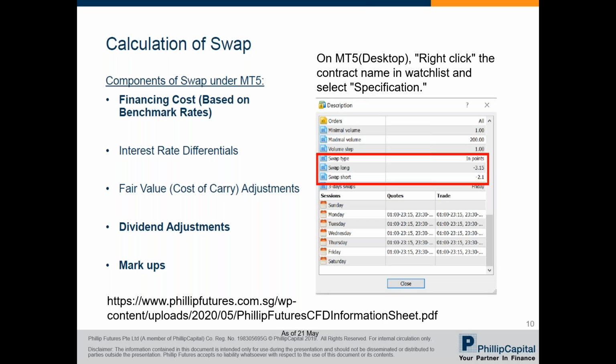The value shown here divided by 10 is the one-day swap paid or received in absolute US dollar terms. Just to take note, for the weekends, Fridays to Mondays, a position held over Friday is a 3-day swap. As I mentioned, if you are doing intraday trades and you close it out before 5 a.m. Singapore time, intraday trades do not incur any swaps at all.